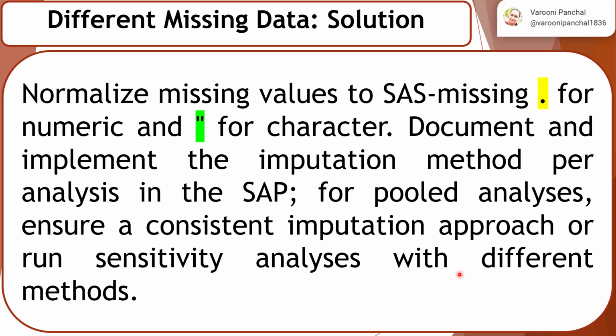All these methods have to be mentioned correctly and specifically in the ISS and ISE SAP for pooled analysis, to ensure a consistent imputation approach, or run sensitivity analysis with different methods. So this is the only solution.